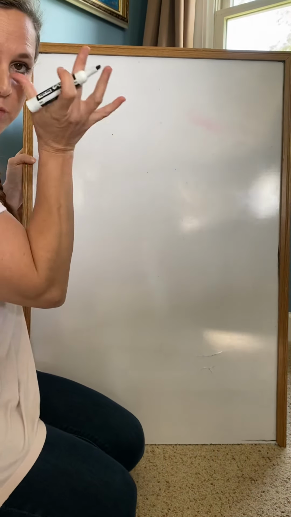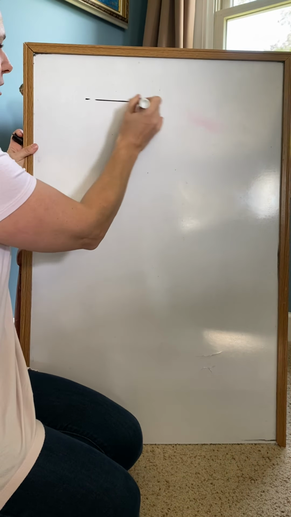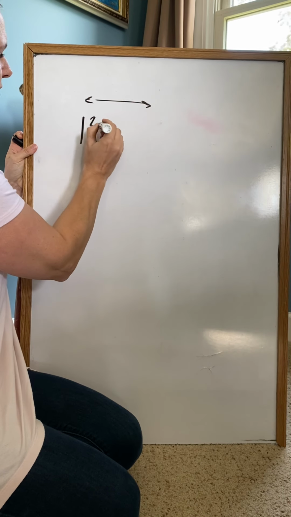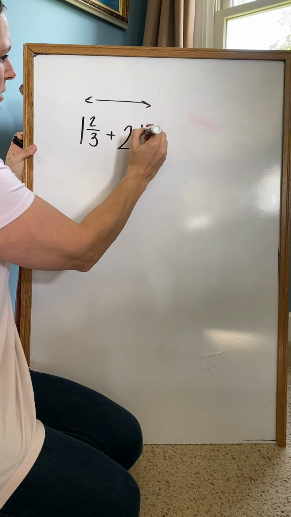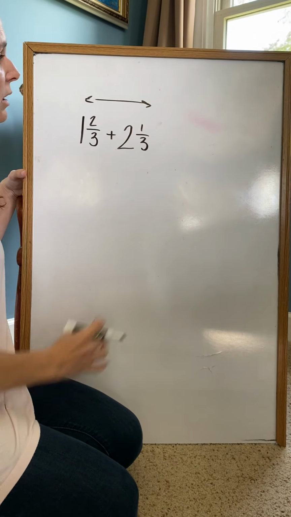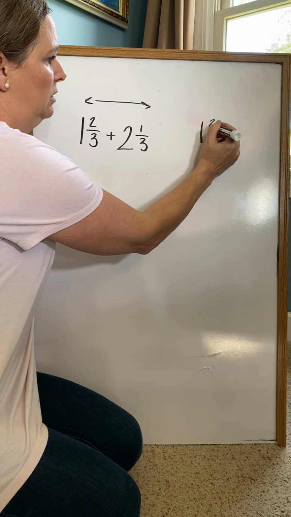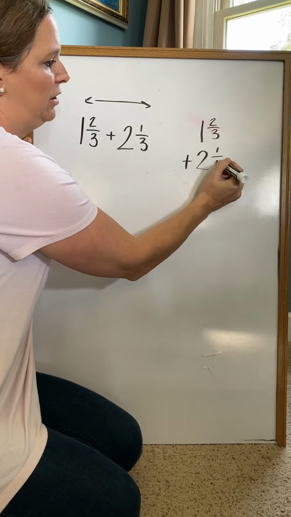So you may be presented with your mixed numbers horizontally, meaning they're going like this. They also might be presented like this, vertically.